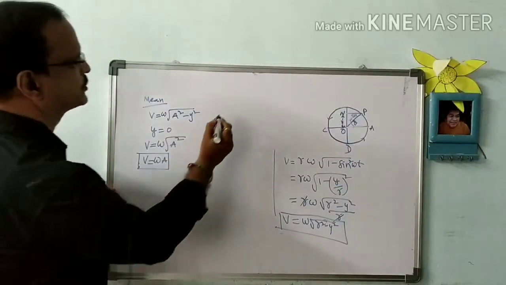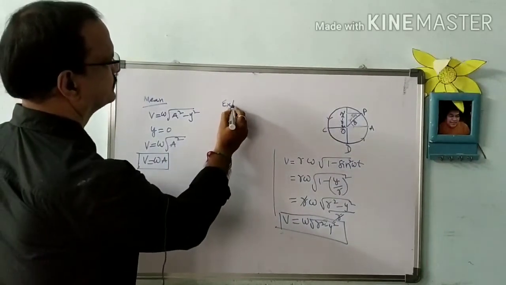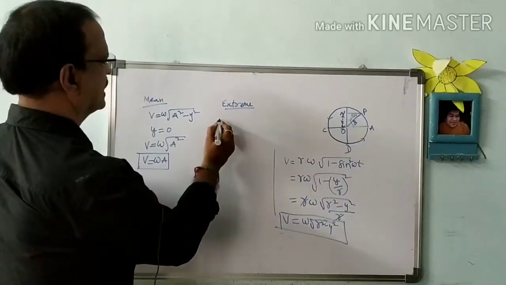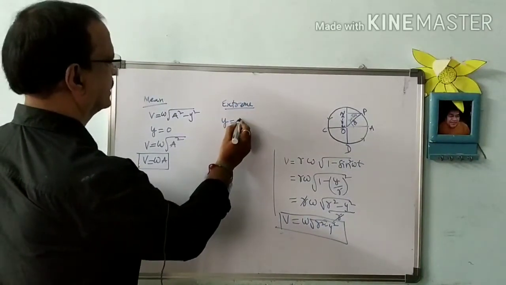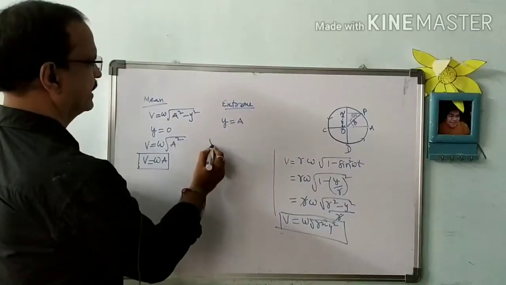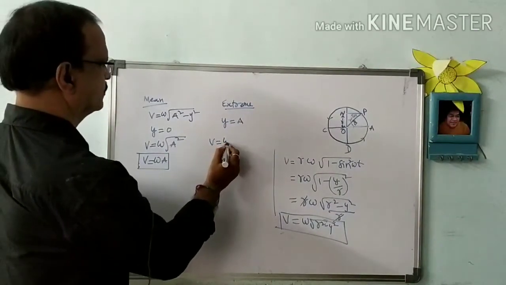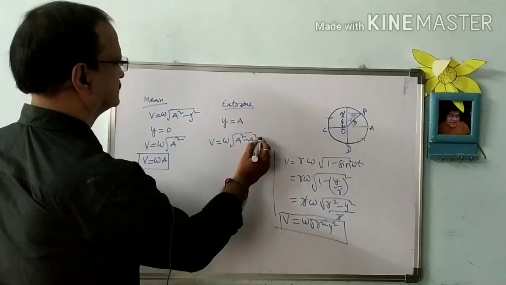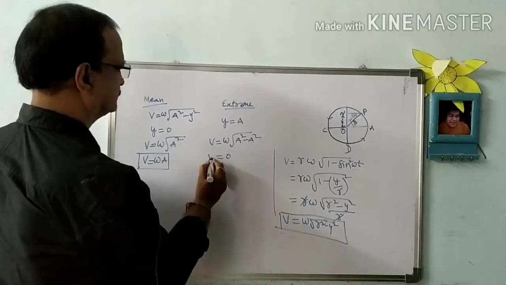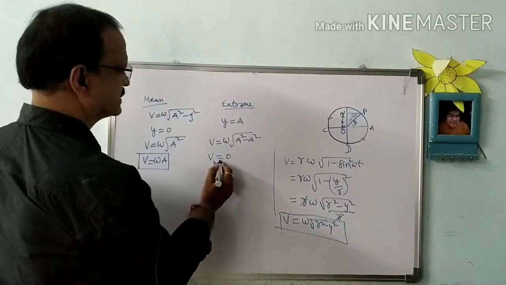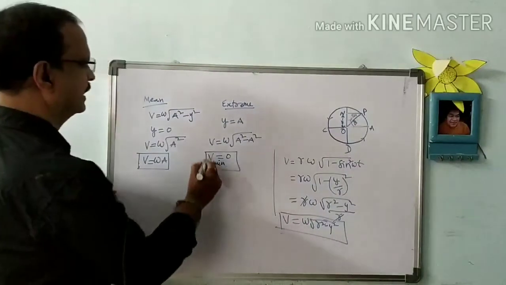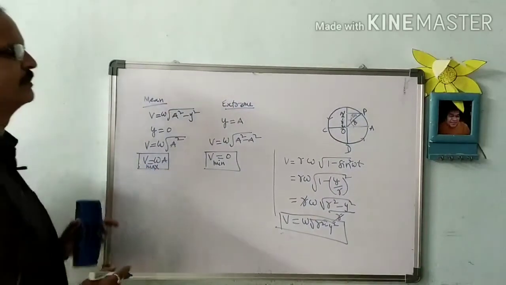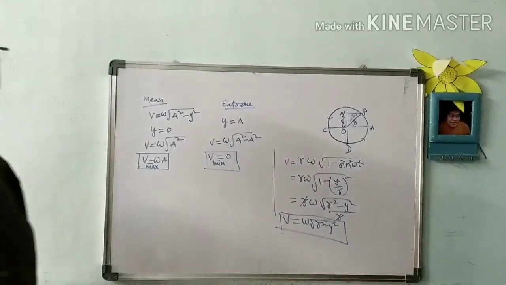So at the extreme position, we can write y is equal to A. Then we can write v is equal to omega into root of A square minus A square, so this becomes 0. So velocity is minimum at the extreme position and maximum at the mean position.